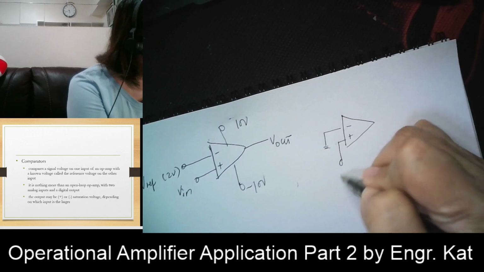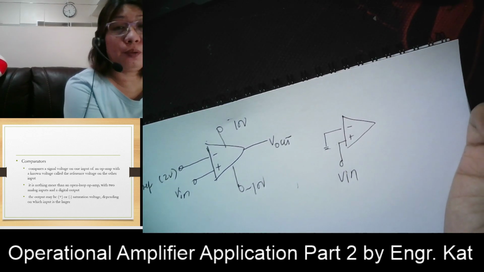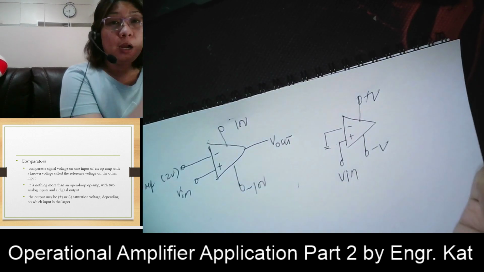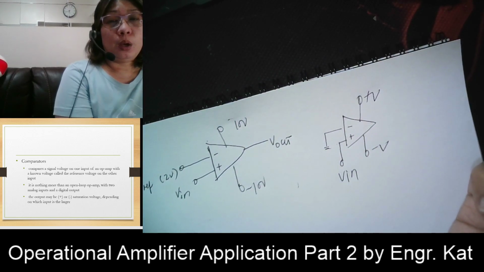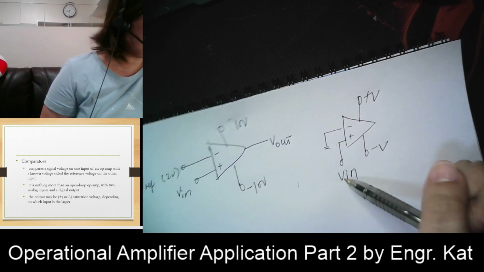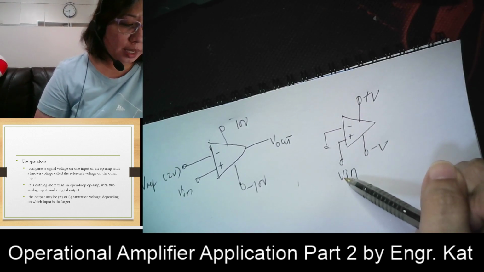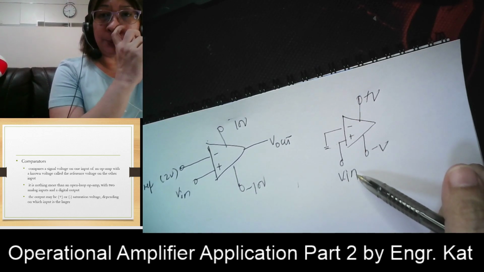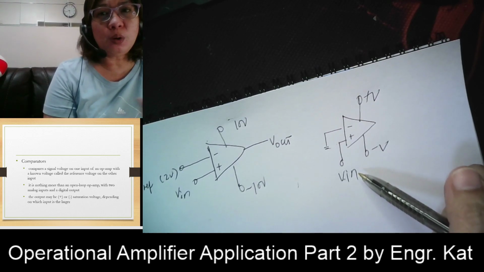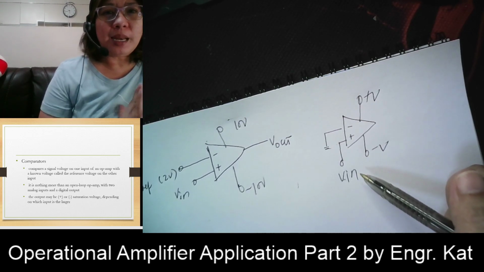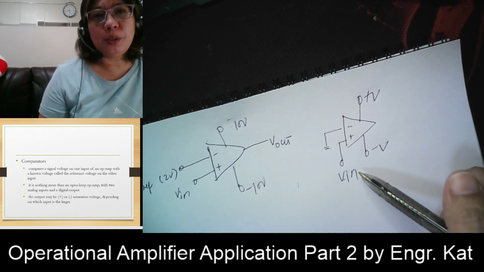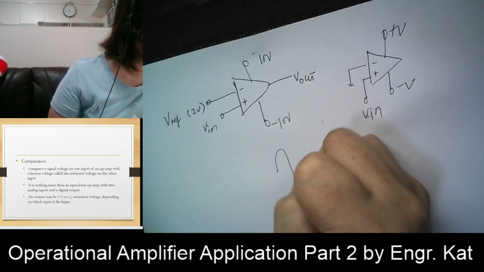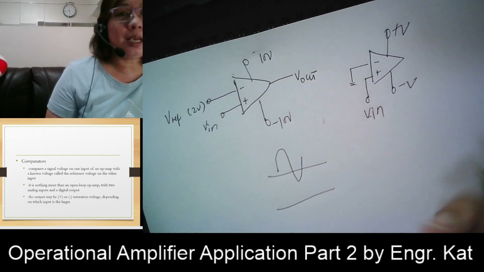And then we place your input here, and you have your positive V here and your negative V here. So what does that mean? All inputs that are greater than 0, we have an output that is equivalent to positive V, and all inputs that are less than 0, you have an output which is equal to negative V. So you have an AC as your input.